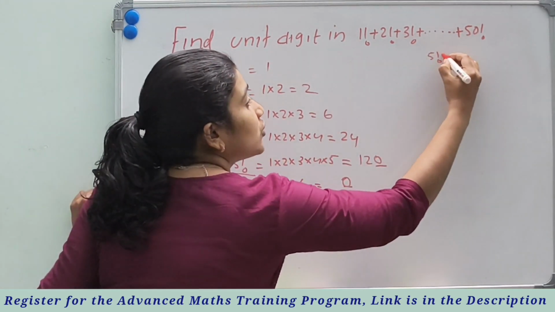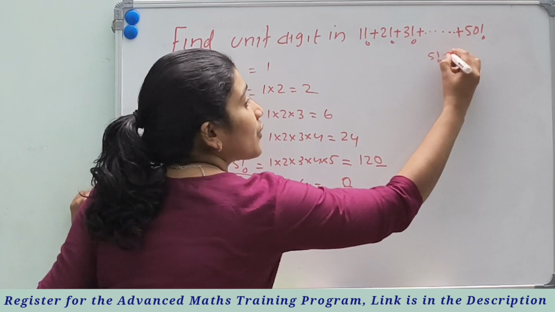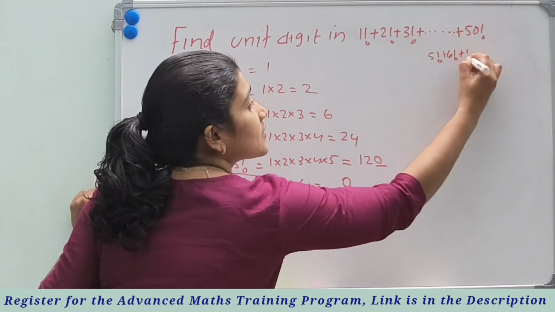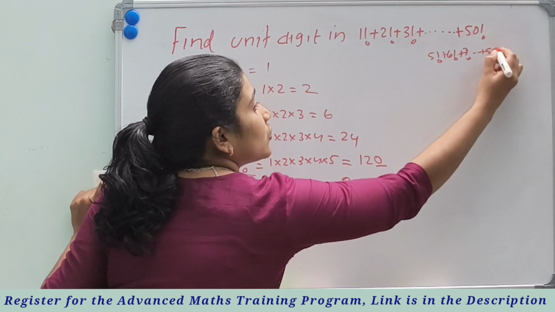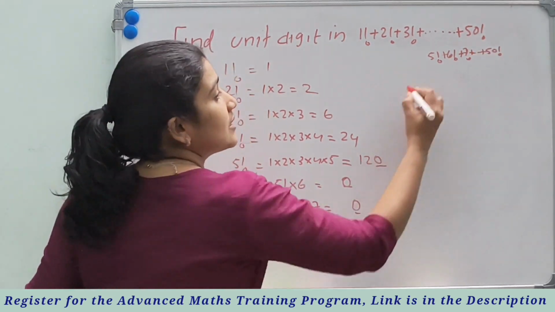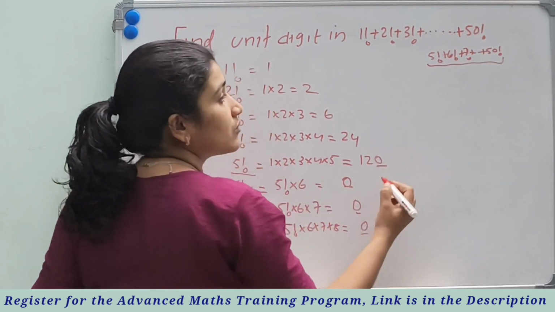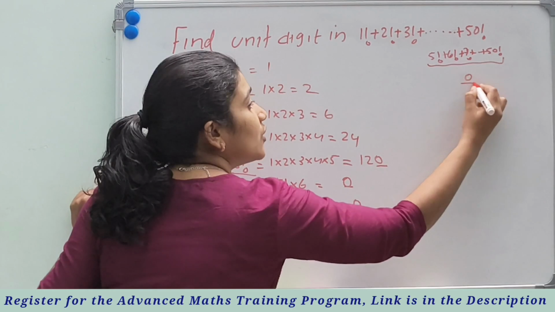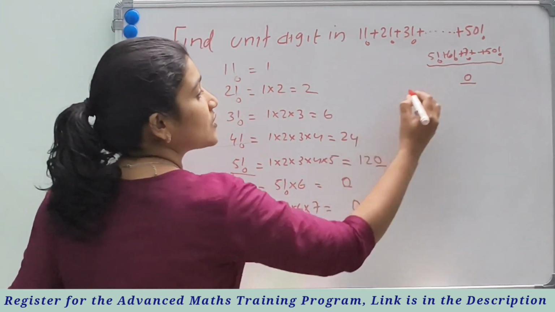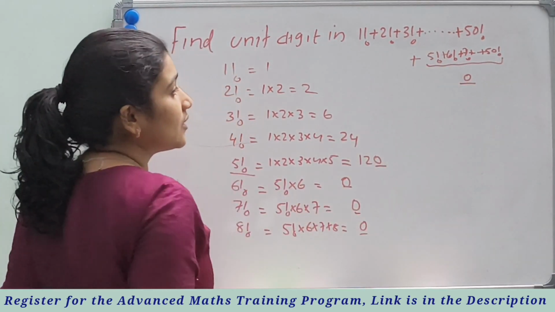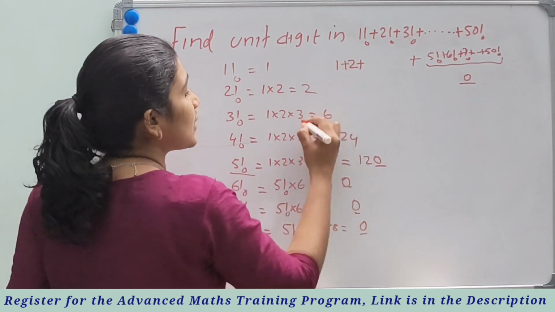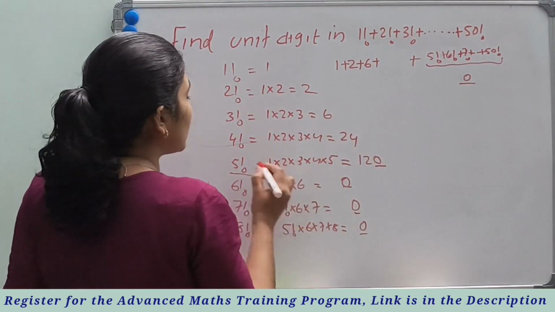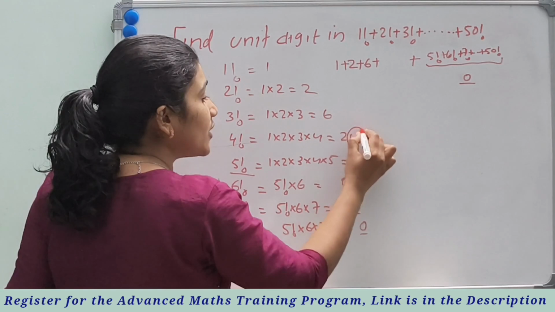So from 5 factorial plus 6 factorial plus etc. up to 50 factorial, the sum of these terms has unit digit 0. So here we have 1 factorial as 1, 2 factorial as 2, 3 factorial as 6, and in 4 factorial the unit digit is 4.